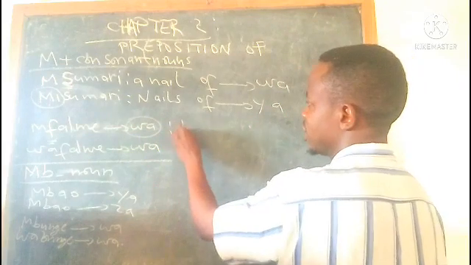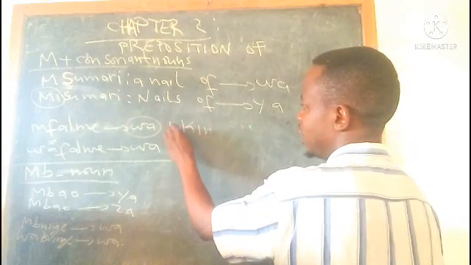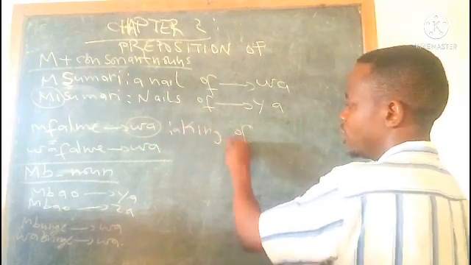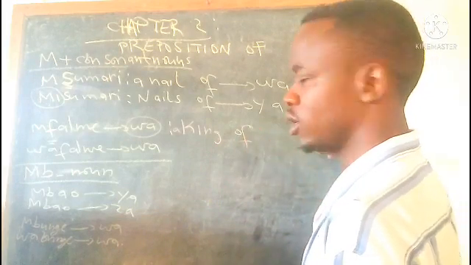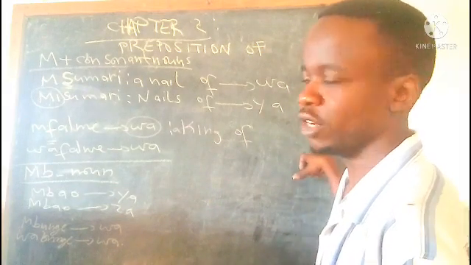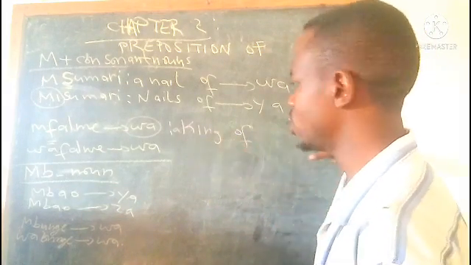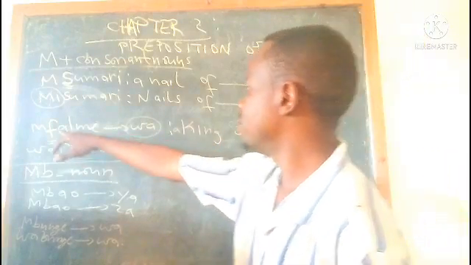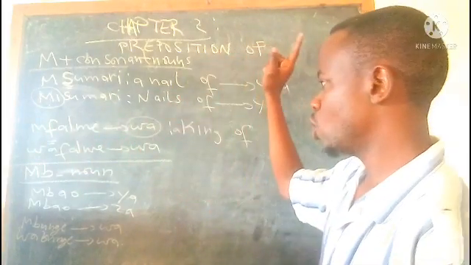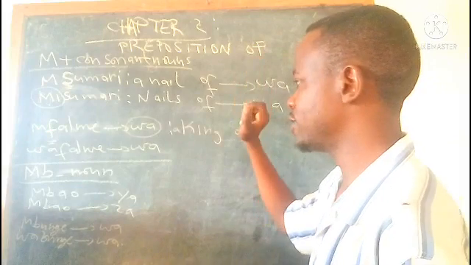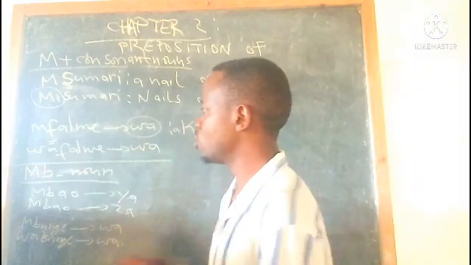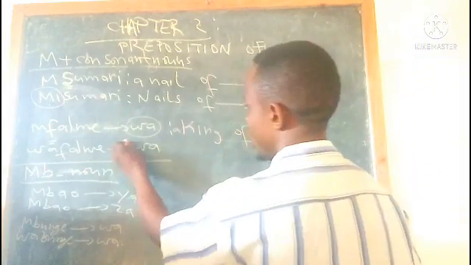A king of Scotland, for example: mfalme wa Scotland. In plural, you put wafalme wa.